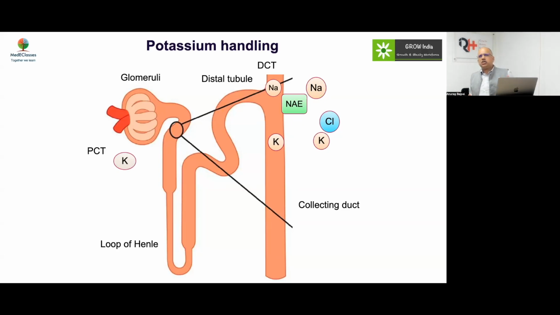So any condition where your sodium delivery in the distal tubule is more, you will lose potassium and you will have hypokalemia. So if you have, let's say, somebody who has RTA, you give them soda bicarbonate, what will happen? If you are giving sodium here, you will have exchange here.